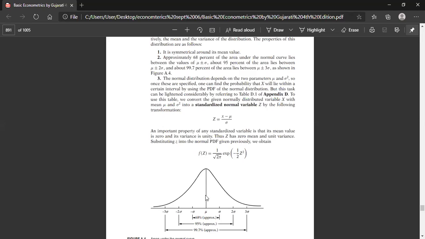Because the probability that x lies between negative infinity and plus infinity, all probabilities together, will be equal to 1. So the whole area is 1, and then half of the area from mu to the right side is 0.5, from mu to the left side is also 0.5.